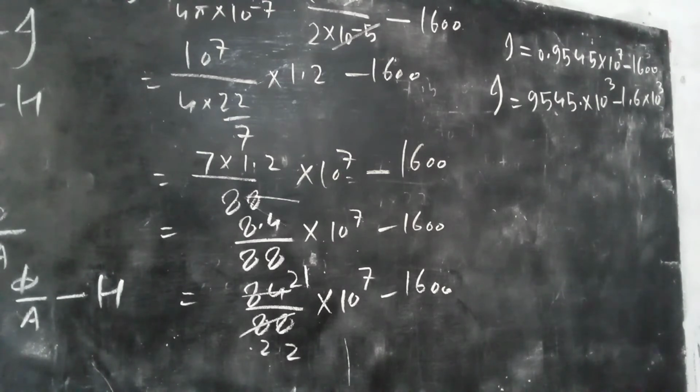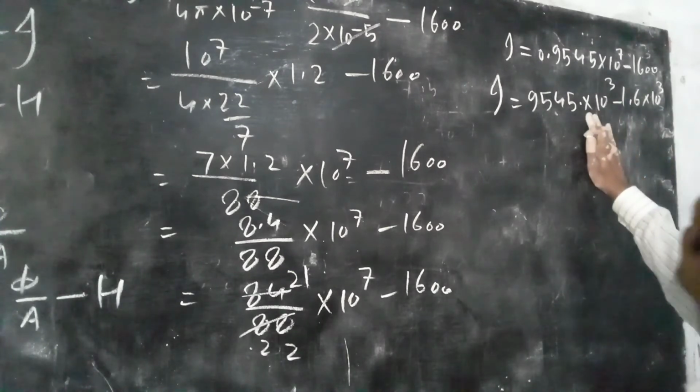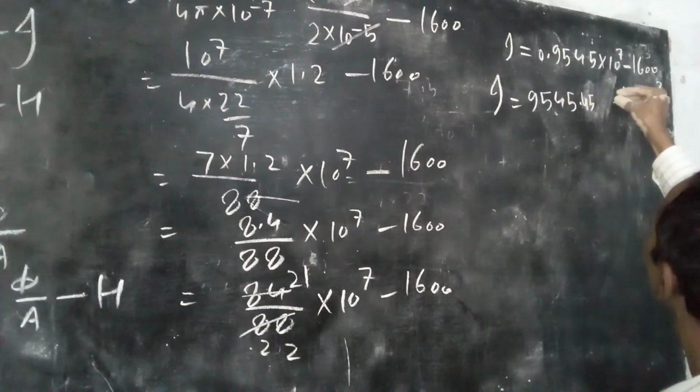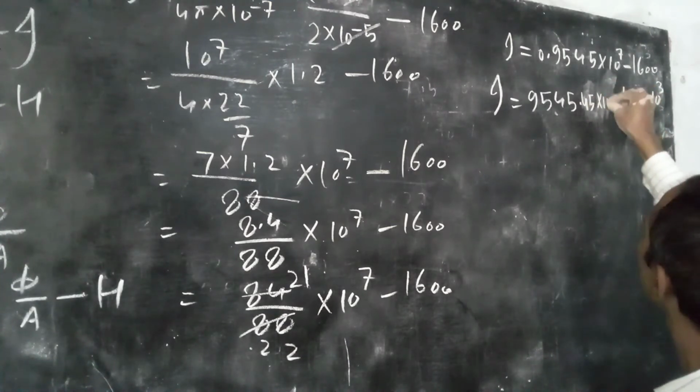Now when the powers of both terms become the same, you can subtract this. So 0.45, right here 0.45 into 10 raised power 3.